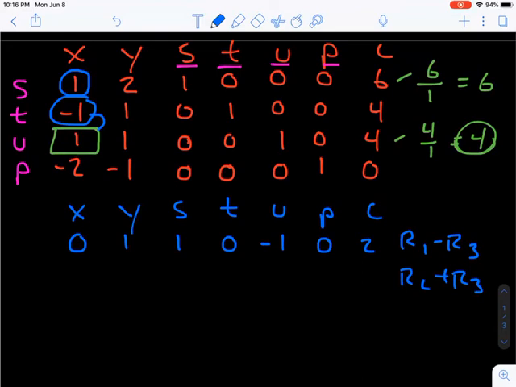And so row 2 plus row 3, negative 1 plus 1 is 0. 1 plus 1 is 2. 0 plus 0 is 0. 1 plus 0 is 1. 0 plus 1 is 1. 0 plus 0 is 0. And 4 plus 4 is 8. Next is the pivot row, so we can simply copy that down.